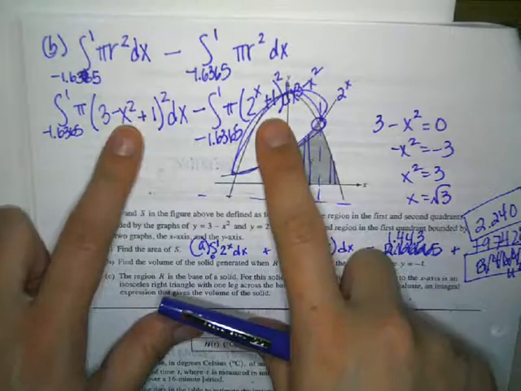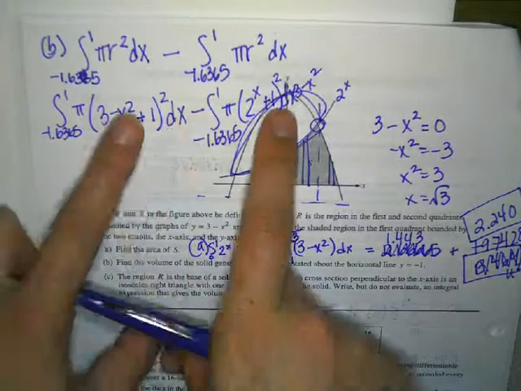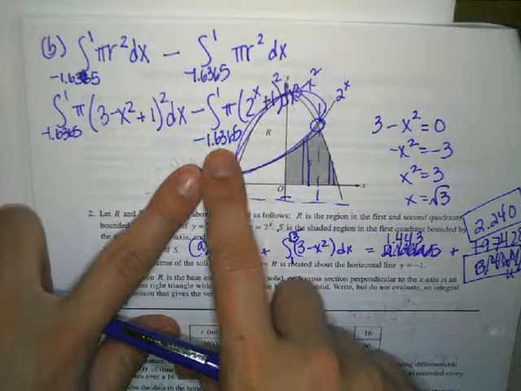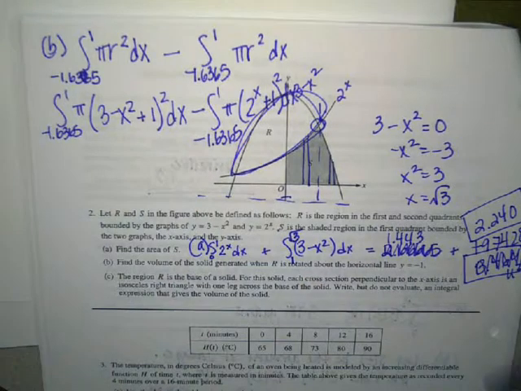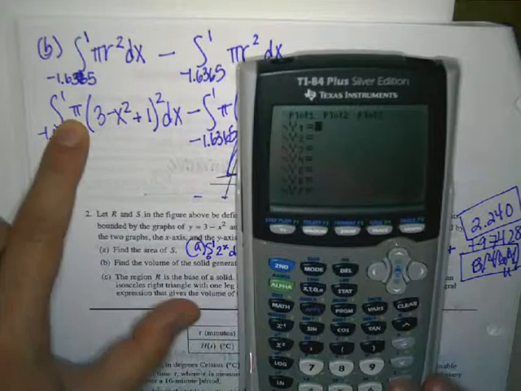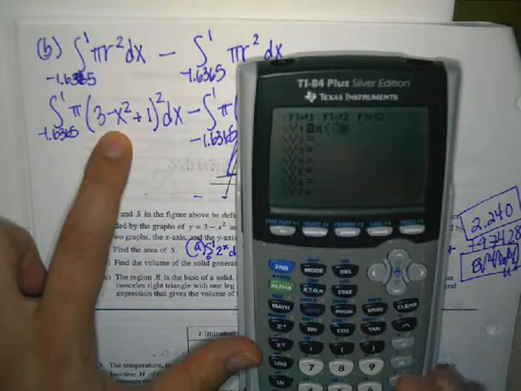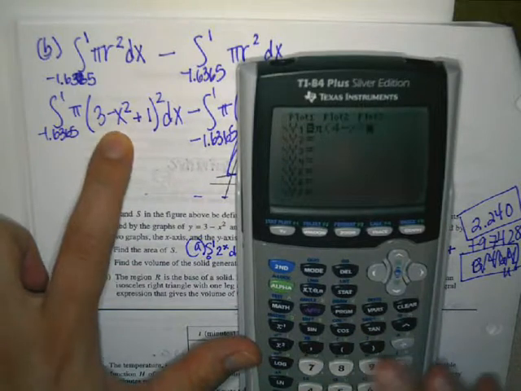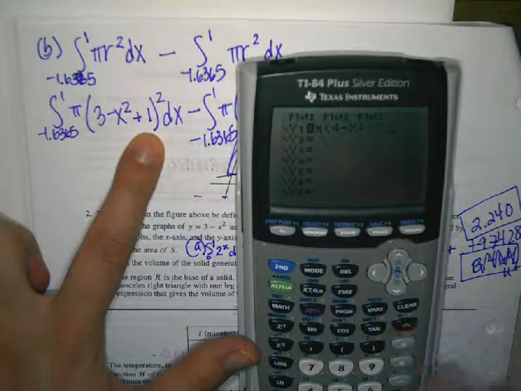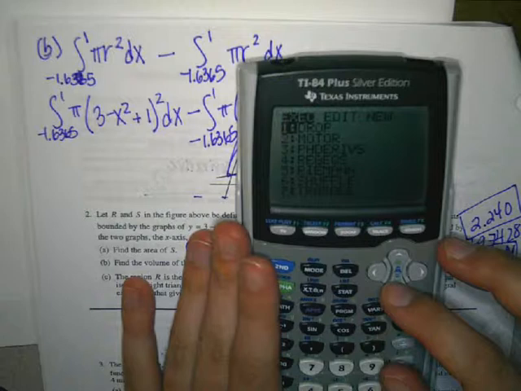We just need to integrate this, get a value, integrate this, get a value. So I'm going to clear out everything here and stick pi of 4 minus x squared squared. I'm going to evaluate that. So run my program.